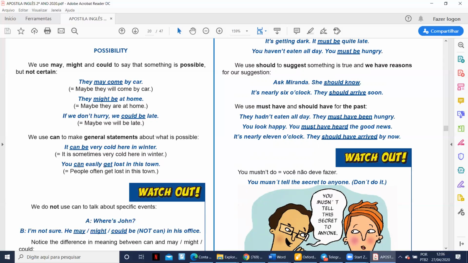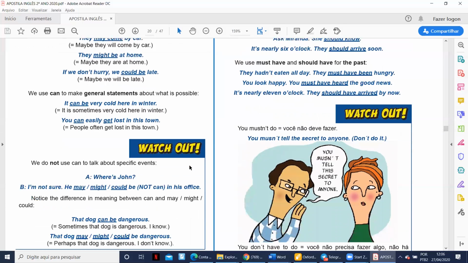Another example, you can easily get lost in this town. I'm not saying that maybe you're going to get lost. I'm just saying, as a general statement, that because lots of people get lost, you can easily get lost in this town. Yeah, okay? Watch out.